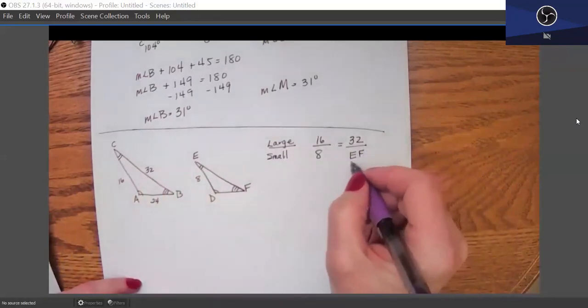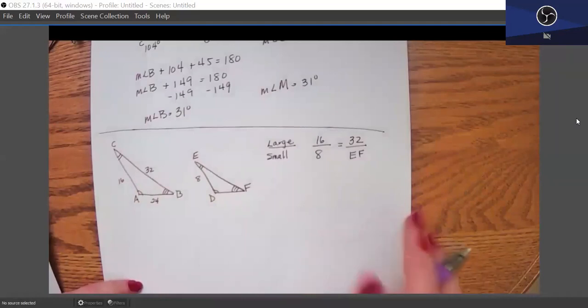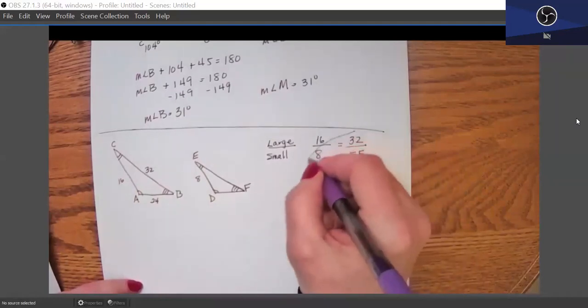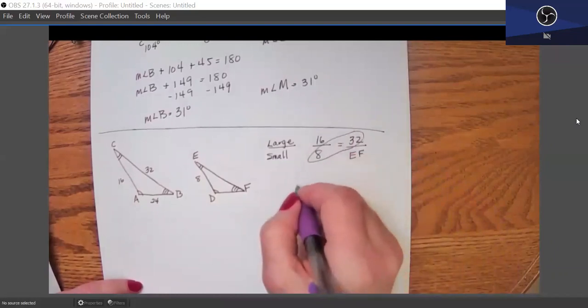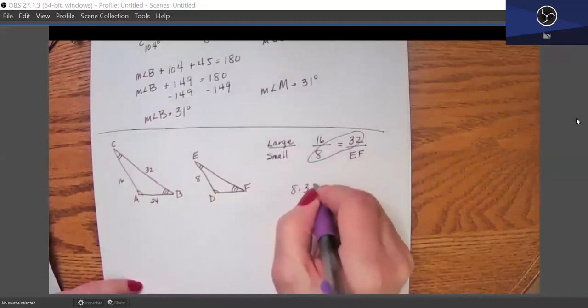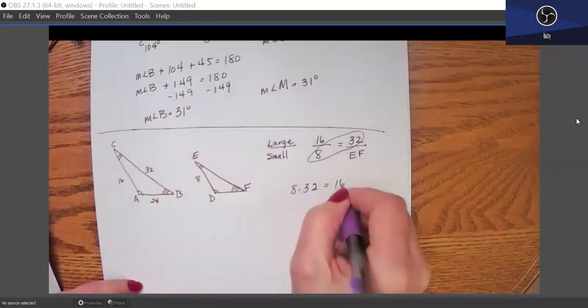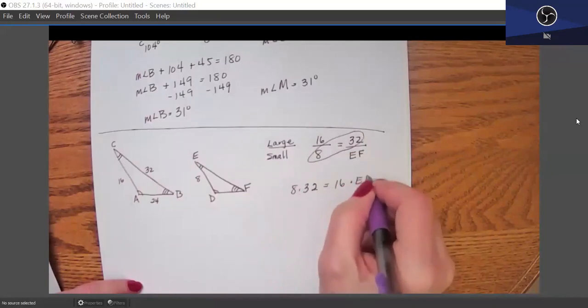And we could probably do this mentally, but let's remember when you have two fractions with an equal sign in the middle, you can cross multiply. 8 times 32 is going to equal 16 times EF.